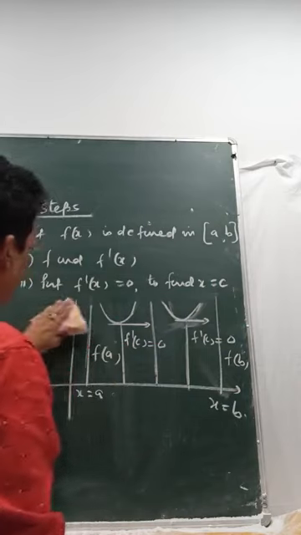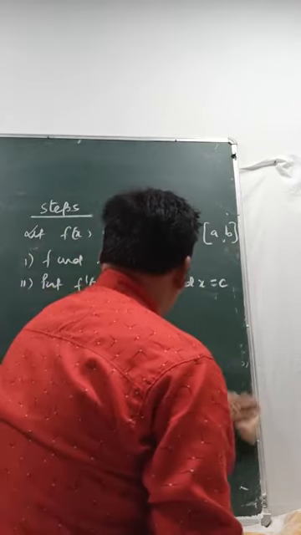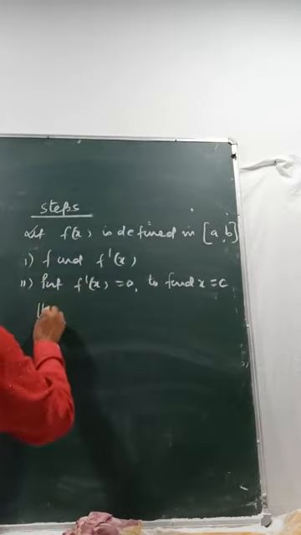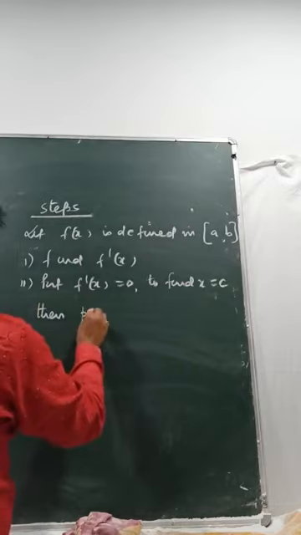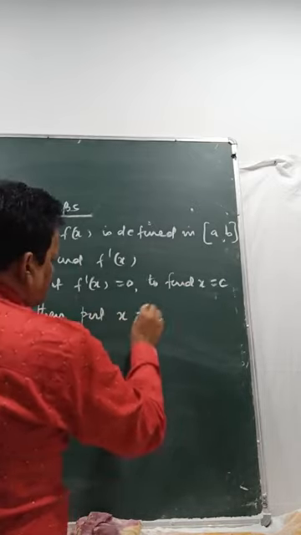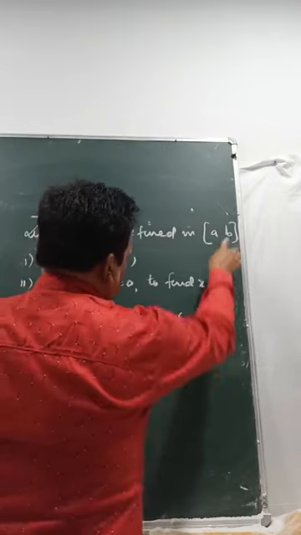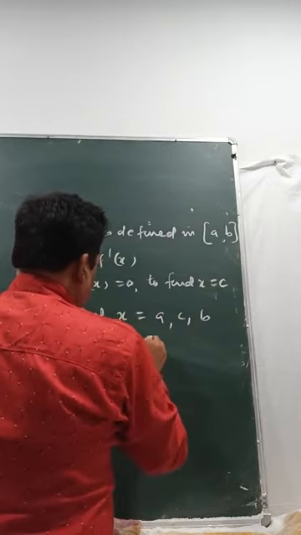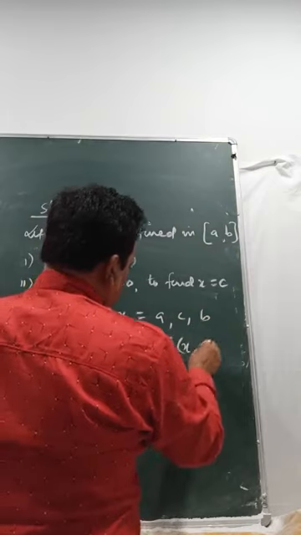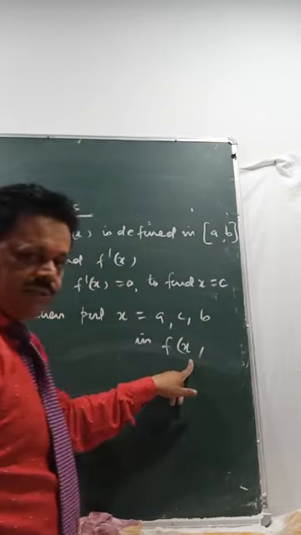Then therefore x equals which ones? a, c and b in f(x), not in the derivative. Directly you are putting in the function.